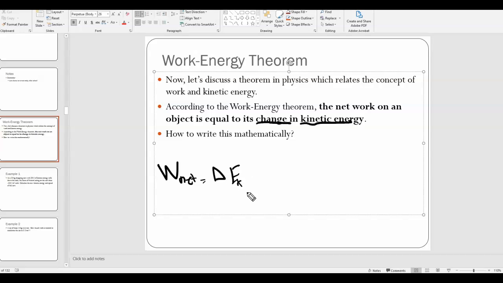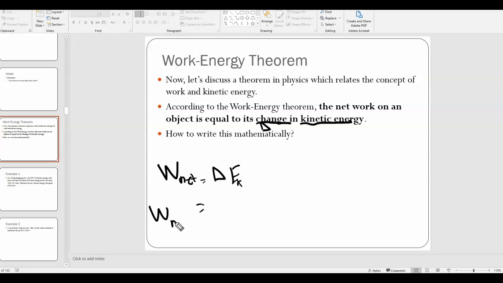This right here is the work energy theorem, and this is how I would give it to you on an equation sheet: W net equals delta EK. Now this form doesn't really help you, so you also have to understand how to expand this equation out. What do I mean by expand it out? Anytime you have change in, you always write that delta in math. Change in anything is always final minus initial.